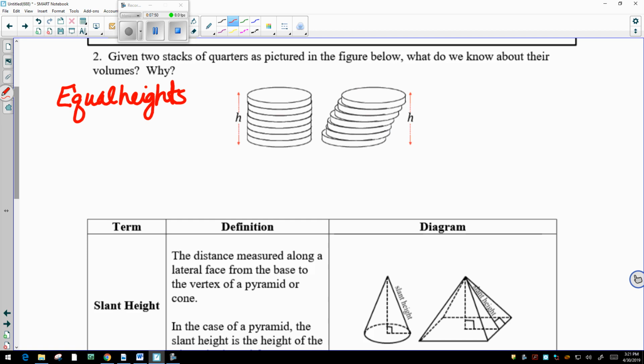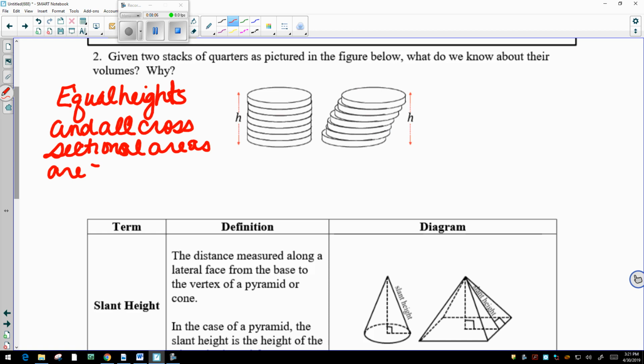And they're all quarters, so all cross-sectional areas are going to be equal. Every time I take a quarter and I take the area, they should always be equal. So I have equal heights, and all cross-sections have to be equal. So what do I know about their volumes? The volumes must also be equal.